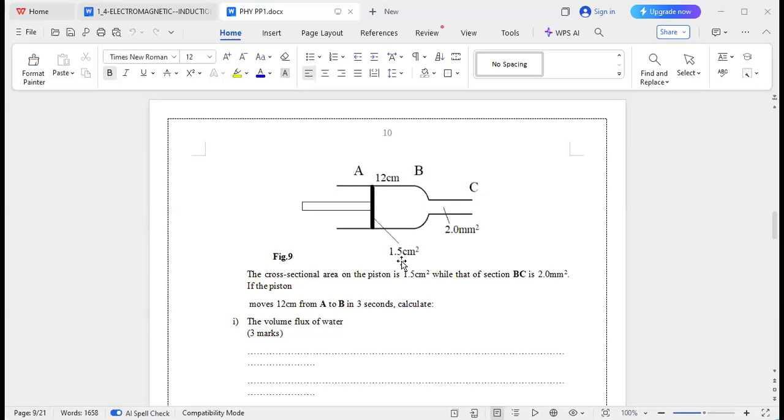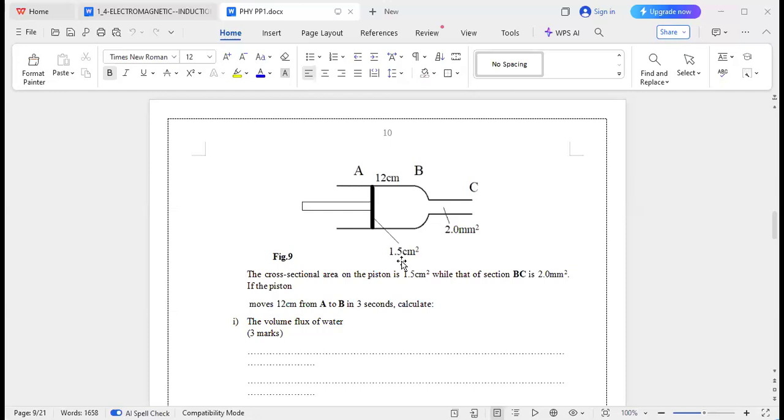When we convert to meters squared, we will have 1.5 multiplied by 10 to the power negative 4, not 6, but 4. So 1.5 times 10 to the power negative 4 meters squared, multiplied by the velocity.